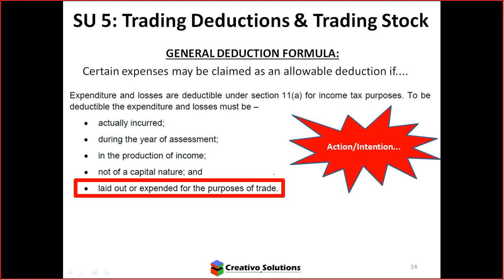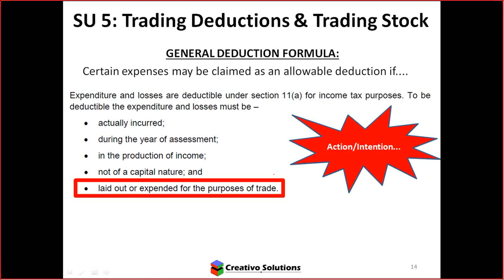So you might have been invited to some social event and you went there voluntarily. Would you say it was laid out or expended for the purposes of a trade? So is your trade going to social events and partying? No, sir. Your trade would be taking photos of events at parties and that type of thing. Does that make sense? Yes, sir.